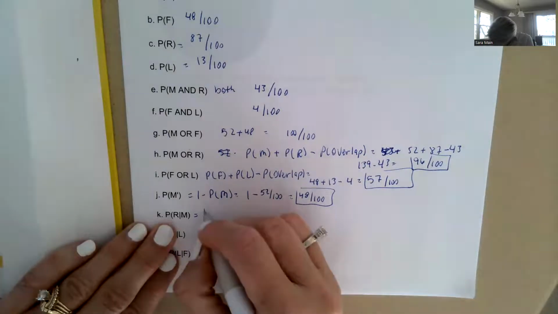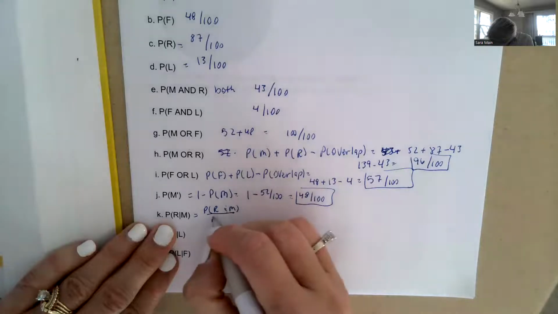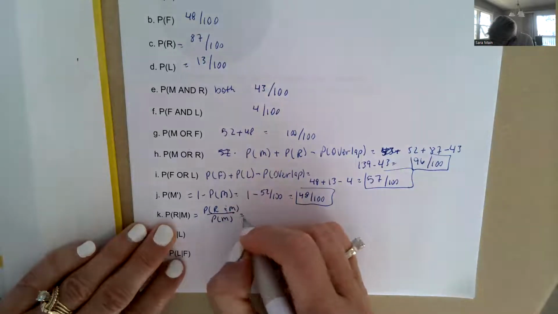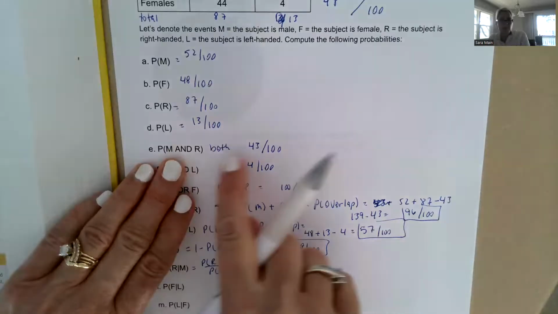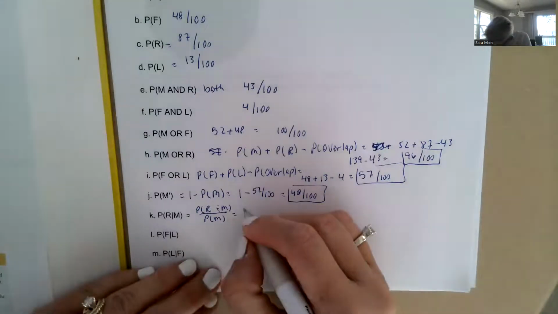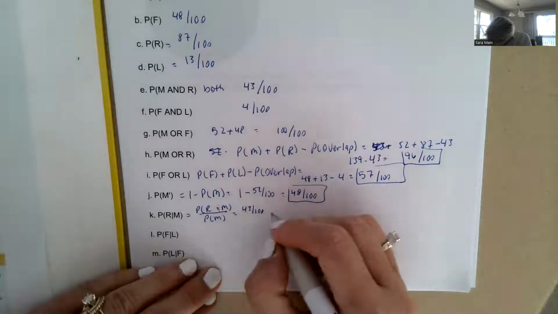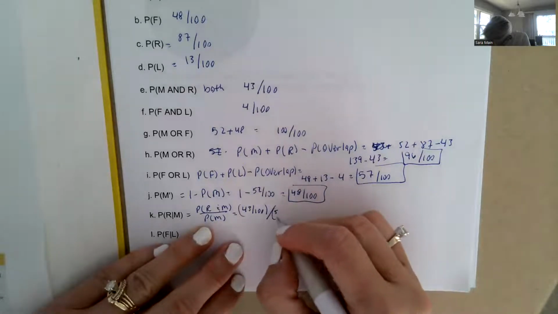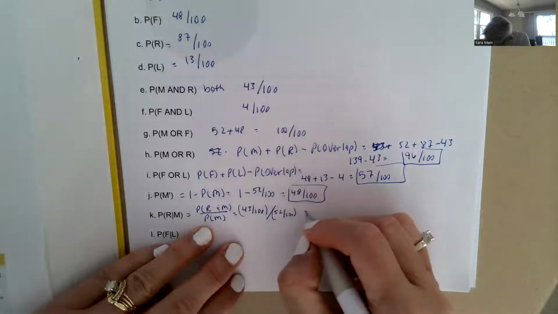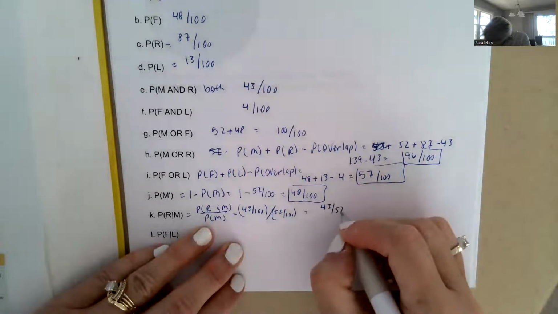That would be the probability of R and M divided by the probability of M. So R and M, we did that up here, 43, divided by the probability of M, which is 52, which is 43 out of 52.